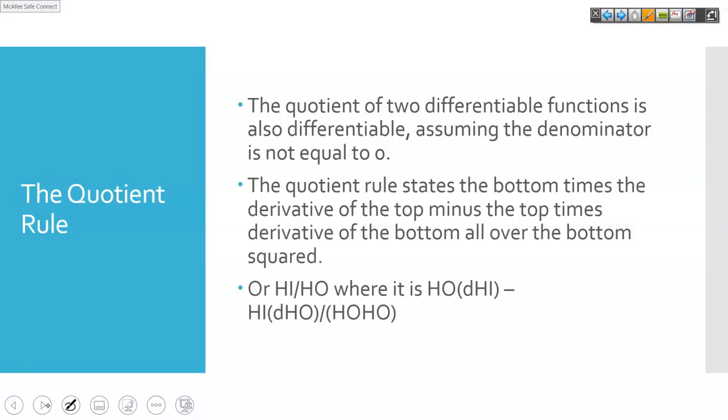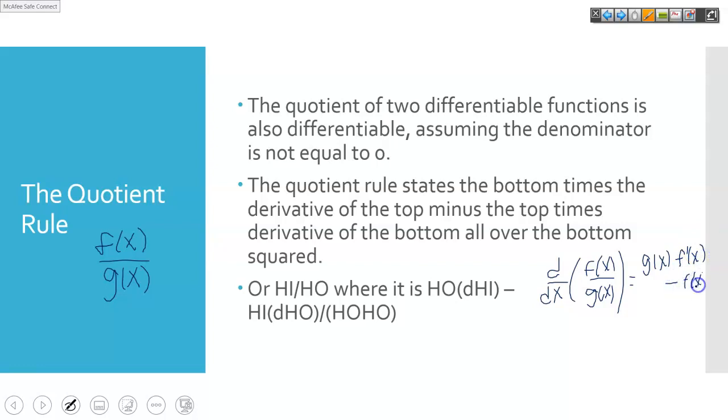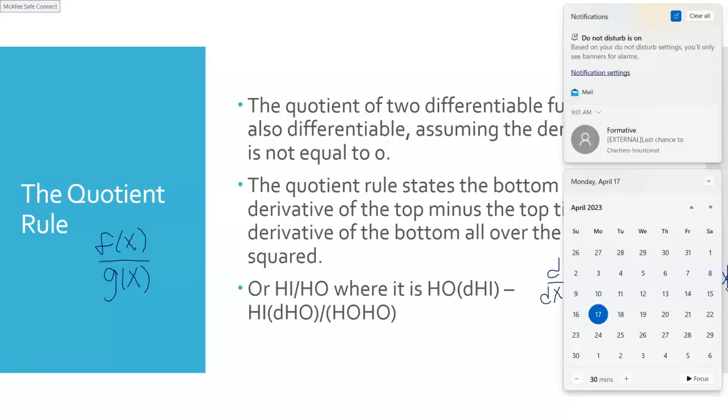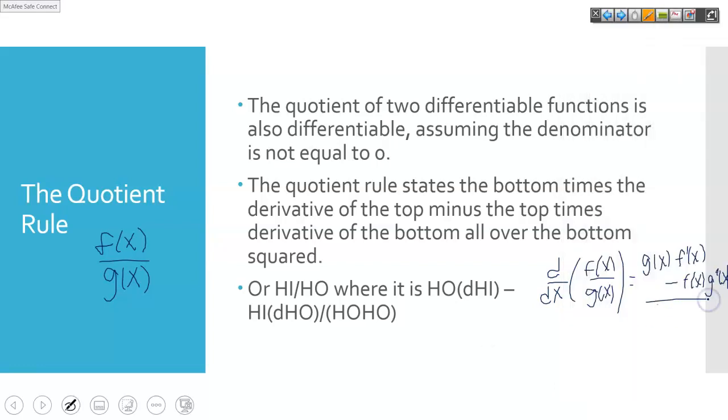If you were to look at that in terms of f and g, so if I wanted to do the quotient rule for f of x over g of x, then that would look like d dx of f of x over g of x, which would be g times f prime minus f times g prime, all over g squared.